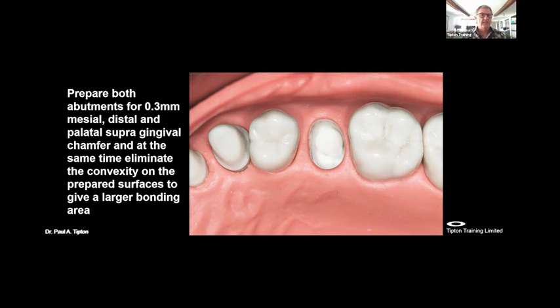See whereabouts you can no longer see the mesial aspect of that 4. Where you can no longer see it, as in it's hidden by the 3, that is where we place our groove. So our groove is placed into a non-visible area. We don't want to see a metal line, okay?